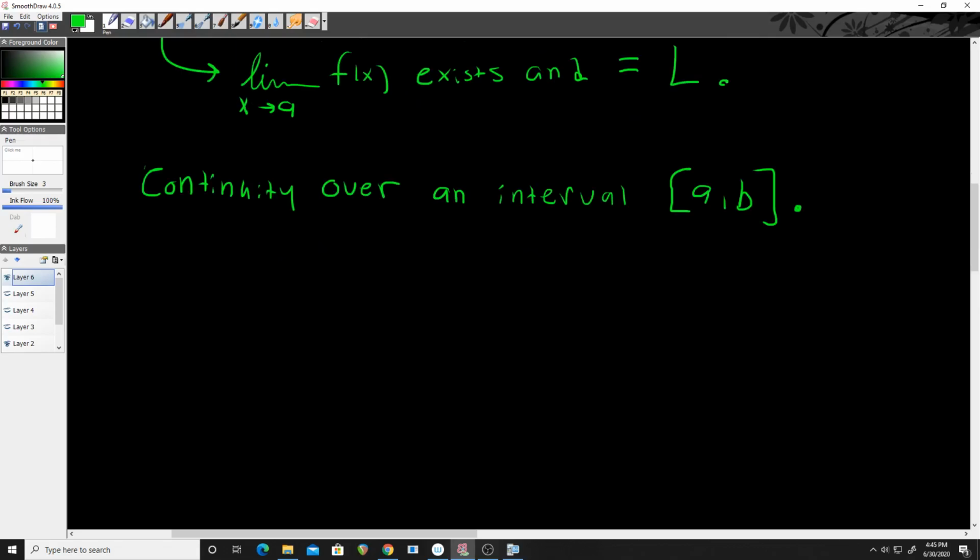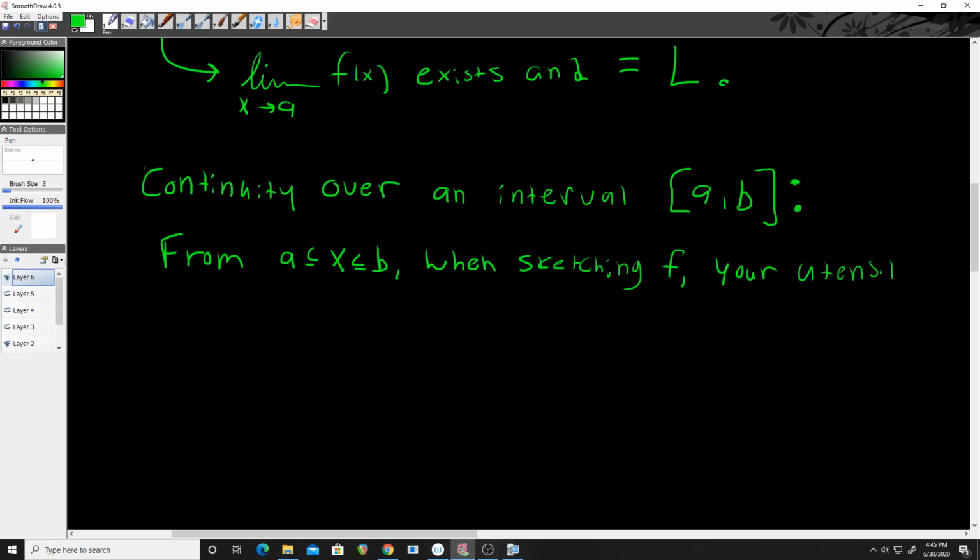So what this means is basically from A to B, all x values from A to B, when sketching f, your utensil never leaves the graph or the paper.